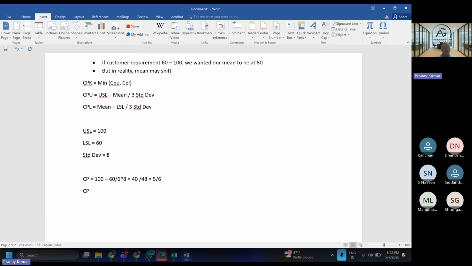While if I'm looking at CPK, I need my mean value also. So let's say while we wanted our mean at 80, the mean has now moved to 90. So for CPK, I will need to calculate my CP on my upper side, which is USL minus mean upon 3 standard deviation.